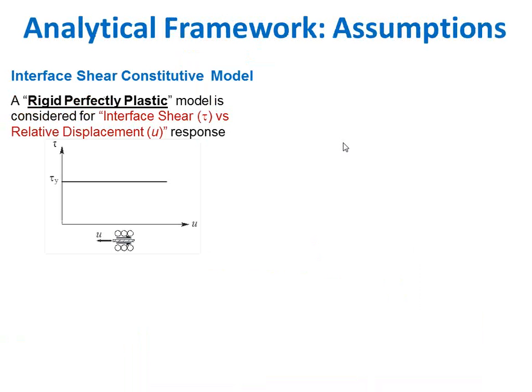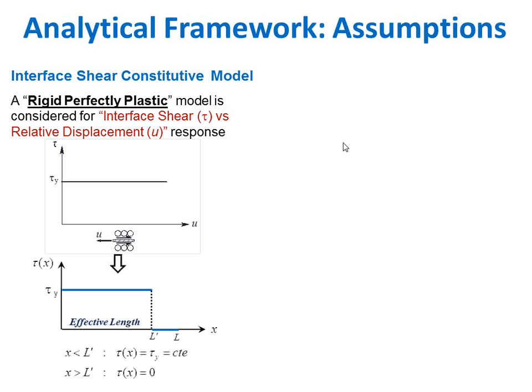At the interface between the reinforcement and the soil, we develop shear, and whatever the displacement is, that shear has a constant value. It's going to depend on the confinement, but for a given confinement, for a given condition, it's not going to be a function of the displacement. That's what we are assuming.